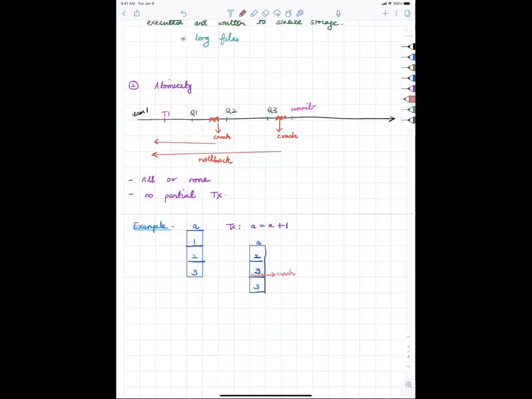The first 2 rows were updated, but it didn't get to the 3rd row. In this case, it is going to roll back to the previous state. The rollback will happen and you're going to go back to the original table. Only if it commits would you get to the situation where A is 2, 3, and 4.